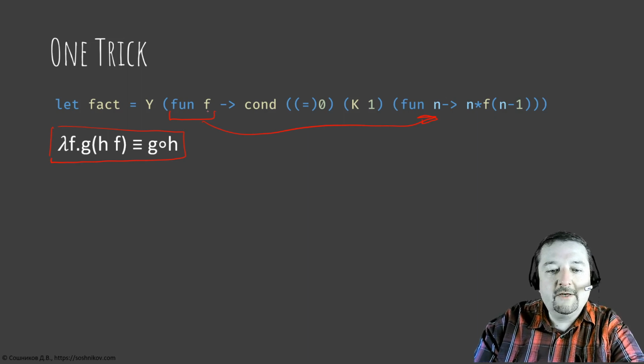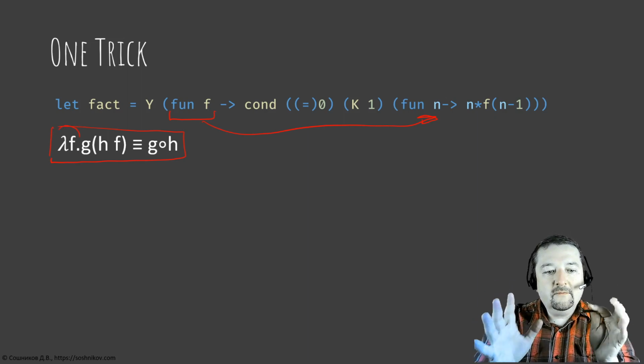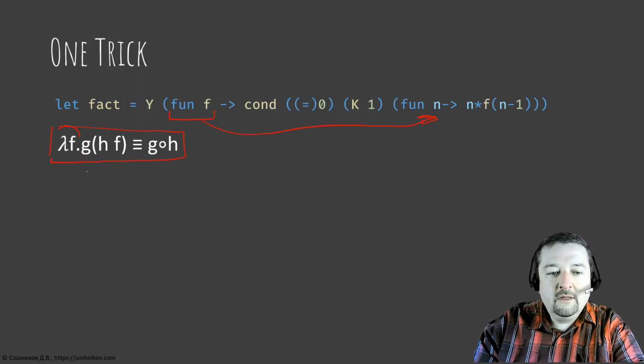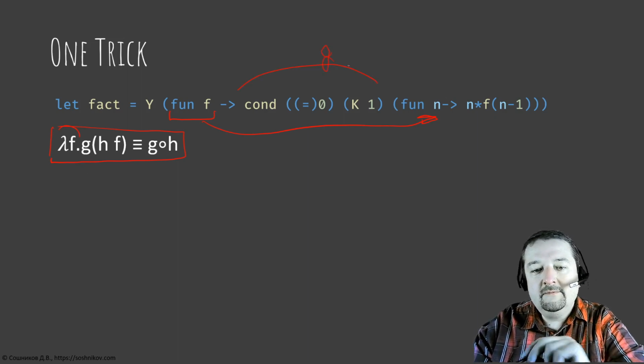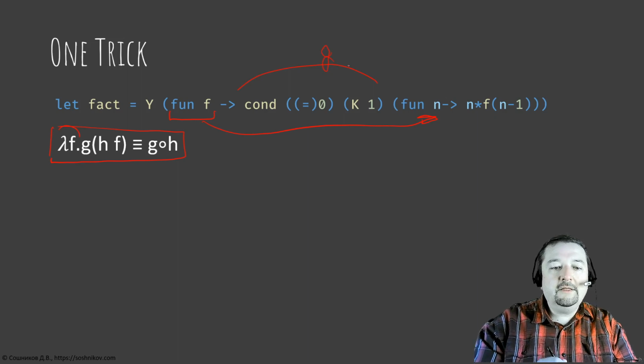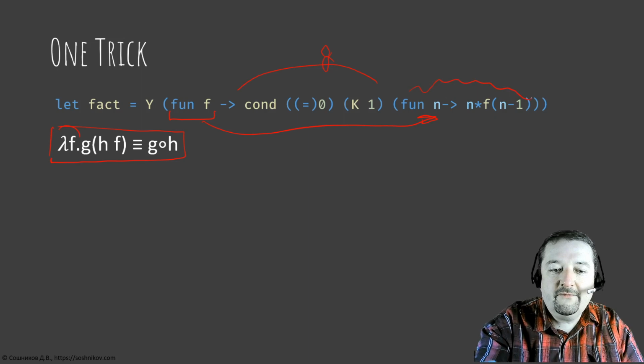Because here we have the function of f, and this function of f is exactly lambda f here. And then we have some function g, and it is applied to some function of f, which is h of f, right?